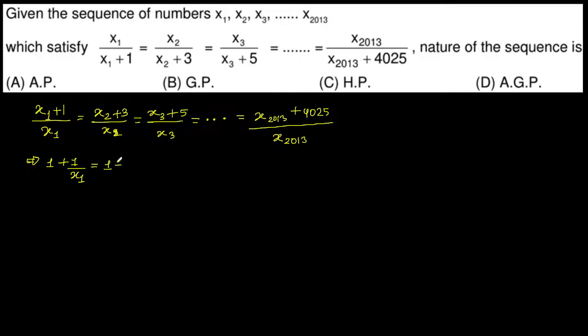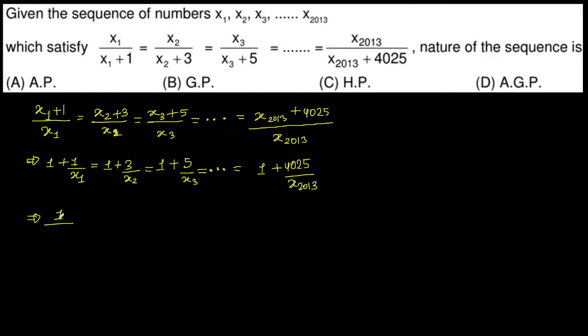This is 1 plus 3 by x2. 1 plus 5 by x3. This will go dot dot dot 1 plus 4025 upon x 2013. If you consider, we will minus 1. All the 1s are minused.